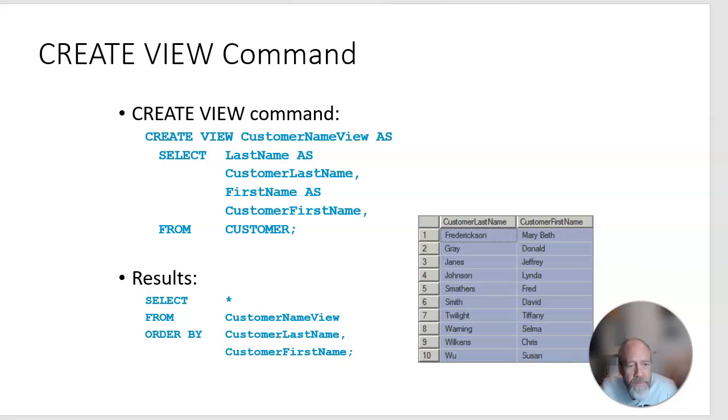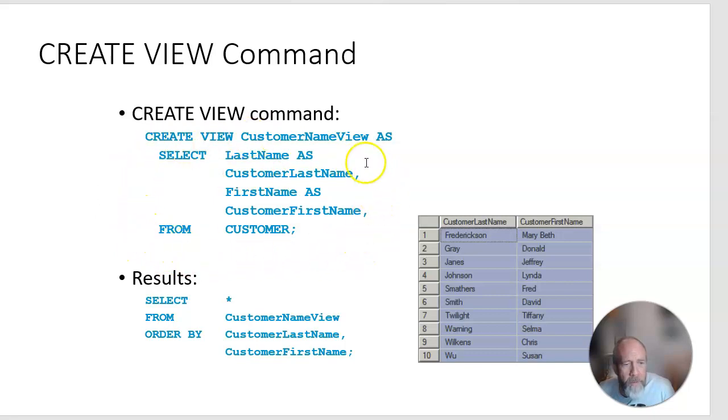Then, when you want to actually see the results of just the customer, you can do select star, which is all records from the view, customer name view. Notice that the syntax should make logical sense: create view, the name of the view, as, and then this is what actually makes up the view.